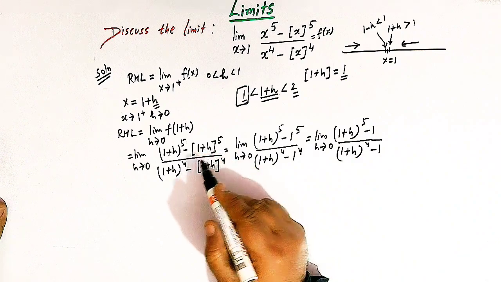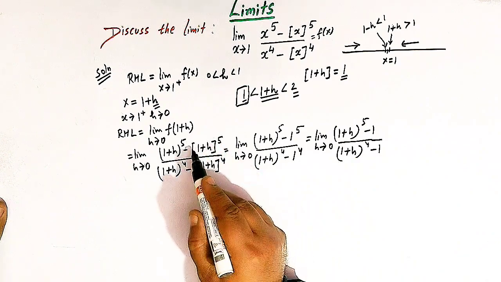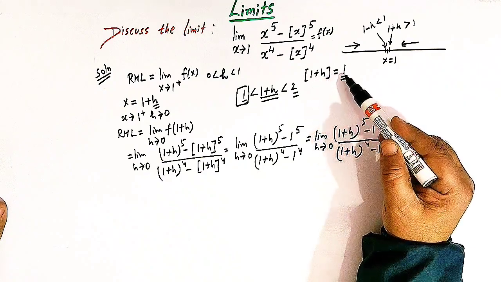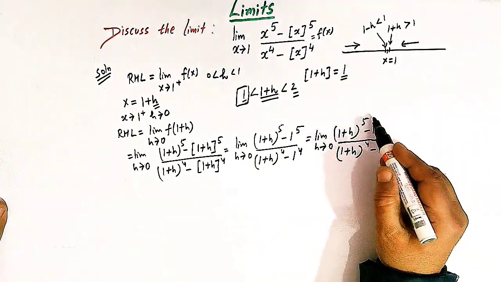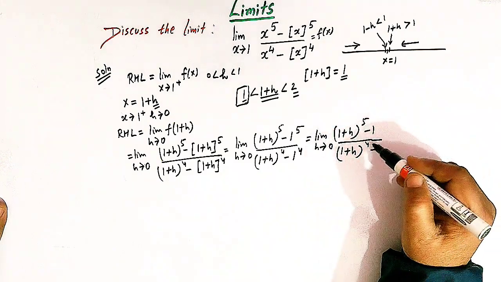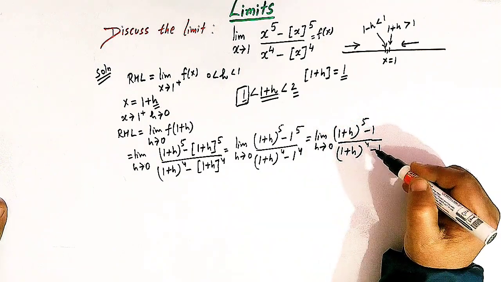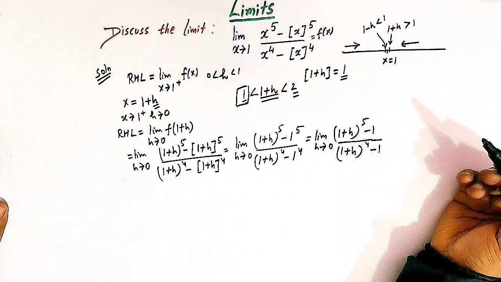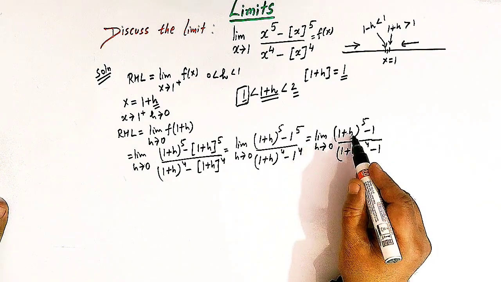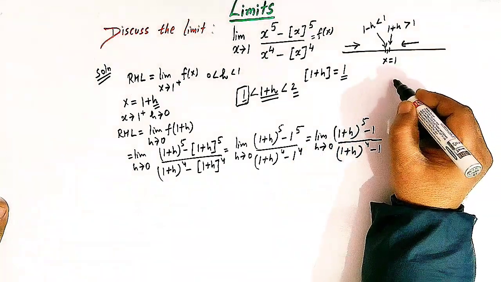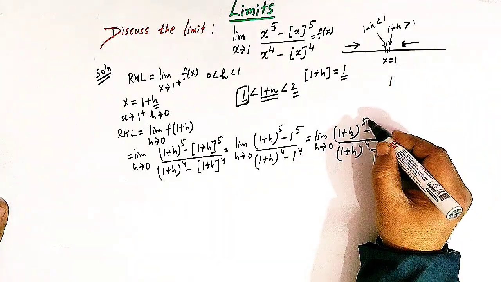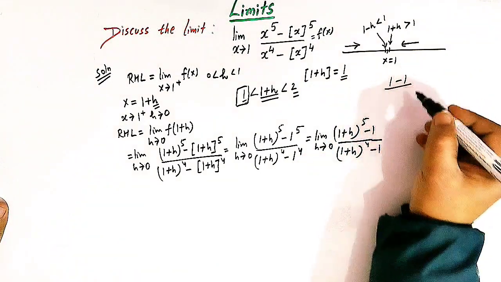So now we have to evaluate this limit, right? We have already got rid of the greatest integer function by taking greatest integer of 1 plus h as 1, right? Okay, so now to solve this limit, we have a variety of methods, but here we'll make use of the famous L'Hopital's rule, right? Because see, when we take h equal to 0 in the numerator, we have 1 plus 0 is 1, 1 raised to 5 is 1, so we have 1 minus 1.